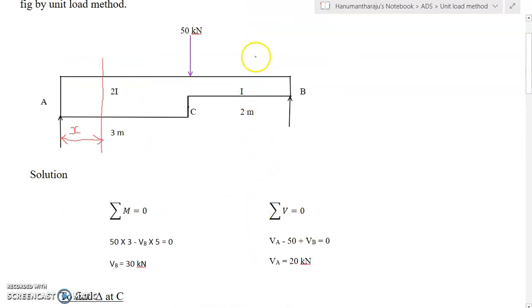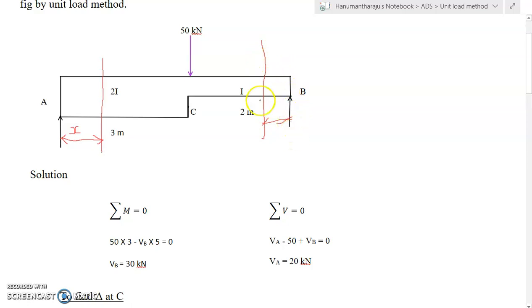Here, once again, when you are taking the moment, you need to take a section in portion BC at a distance x. Then the moment about this point will be, I am going to take the right hand portion.